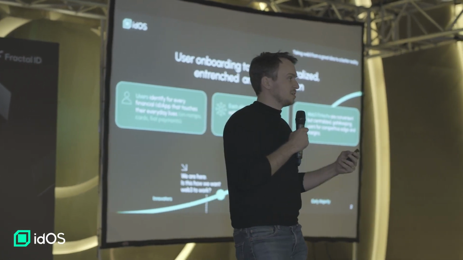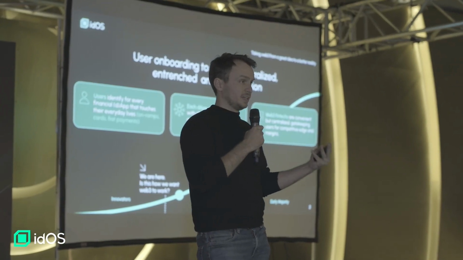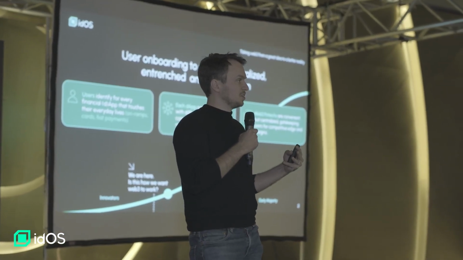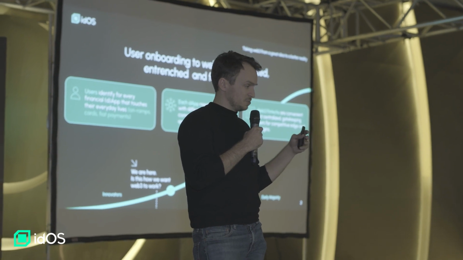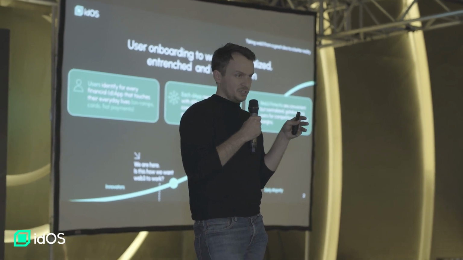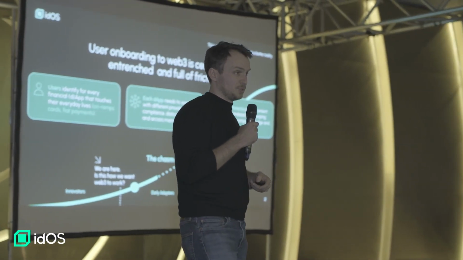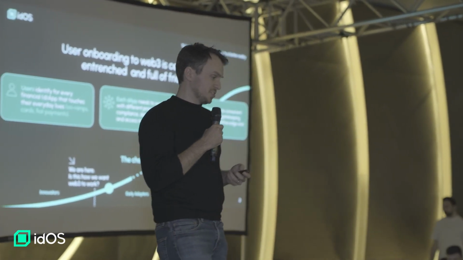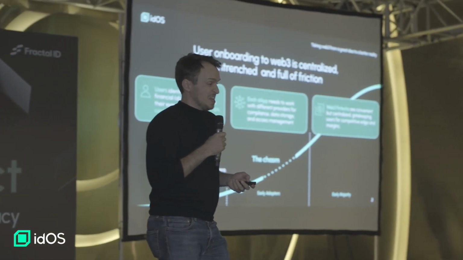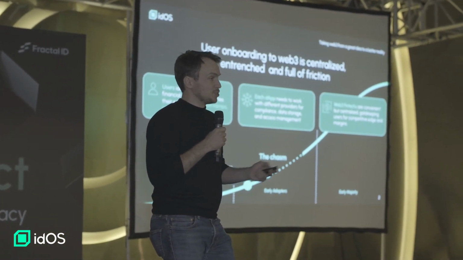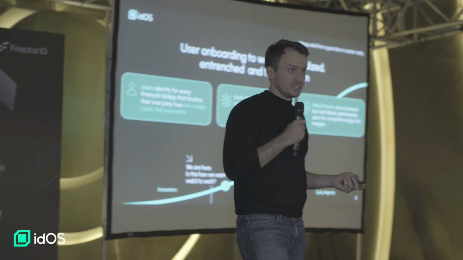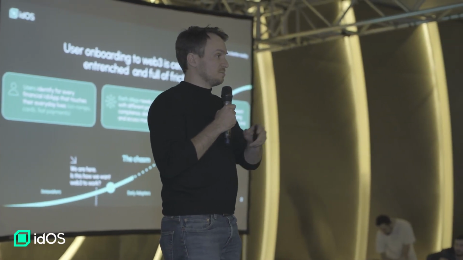And it's not just that people have to do it again and again across ecosystems, but even in ecosystems itself. If you go to a different dApp, you basically have to redo all of these things again. And that's quite a hassle, not just for users, but also for builders.